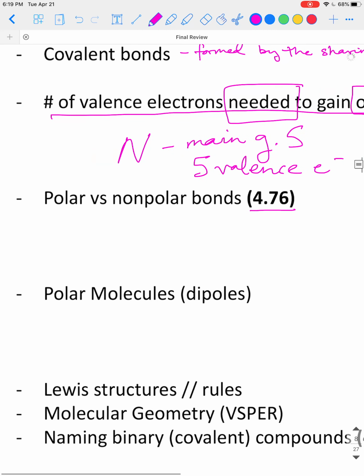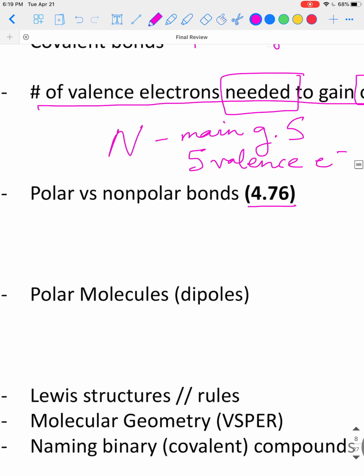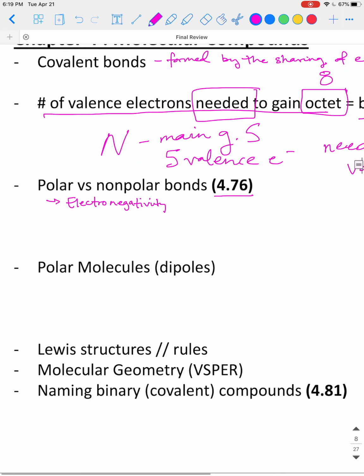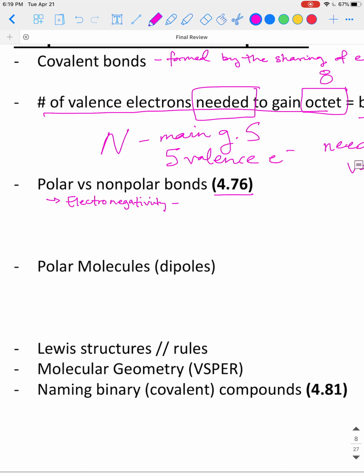All right. Polar versus nonpolar bonds. Great problem to work. You will need to know and remember polarity. So this had to do with electronegativity. This all has to do with this word, electronegativity.